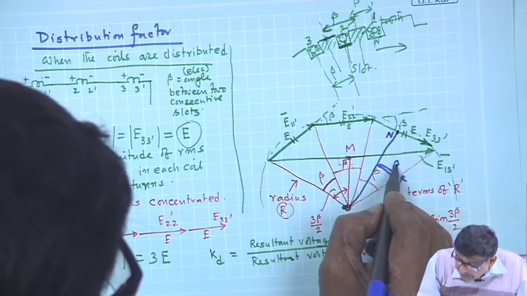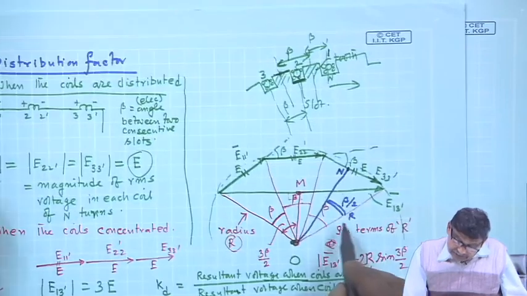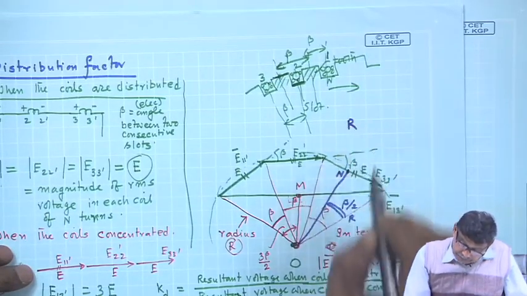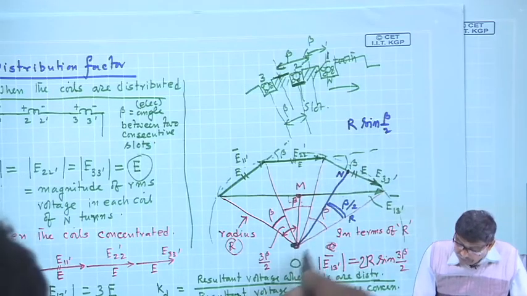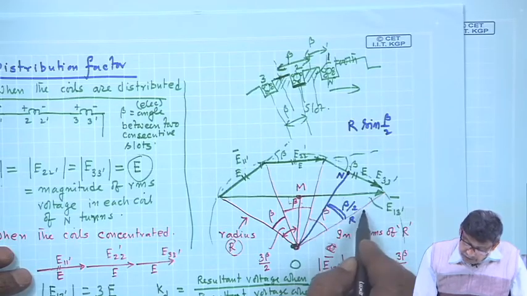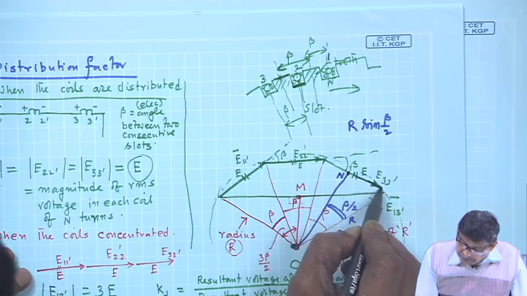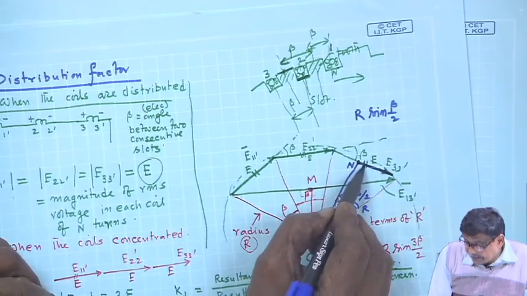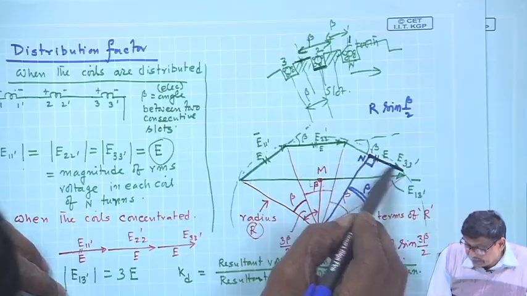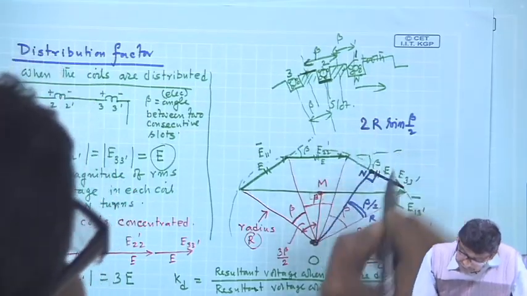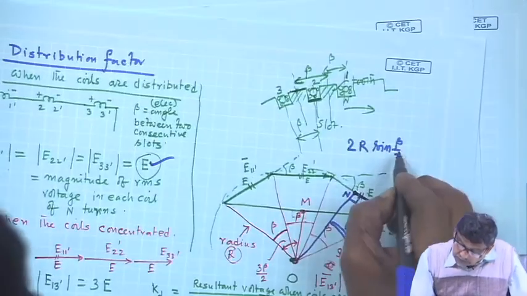So, from this small triangle you can easily see R sin beta by 2 is this length. It is a right angle triangle, I have dropped a perpendicular. So, R sin beta by 2 is this, and 2 times that is this length, and this length I have assumed to be E. So, this is equal to E.